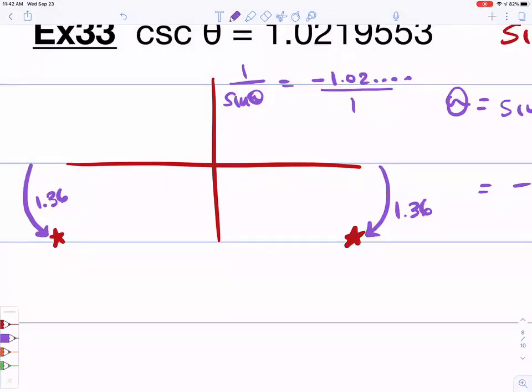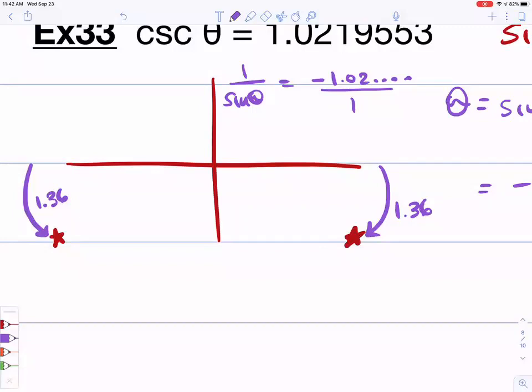Okay, all right, so again, remember that our A is negative. So we wanted to do 180 plus the 1.36. So how can I do that if my A is a negative number? Say it again. 180, sorry, pi, we're in radians, pi minus the A, which will mean minus a negative 1.36.